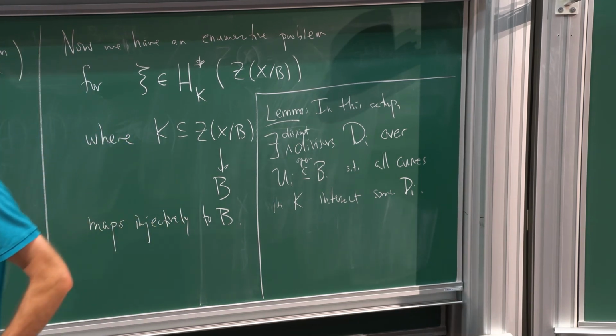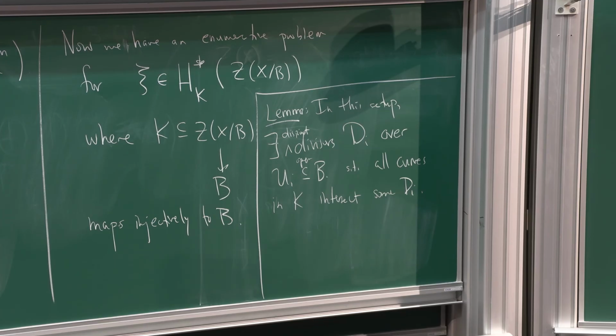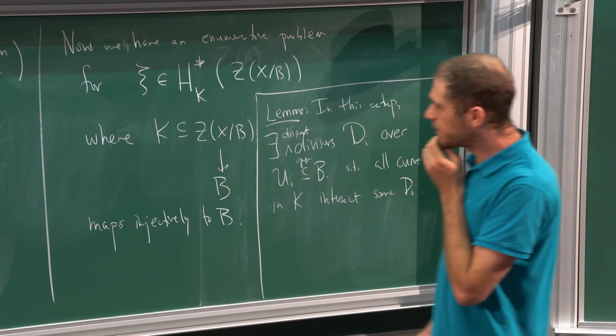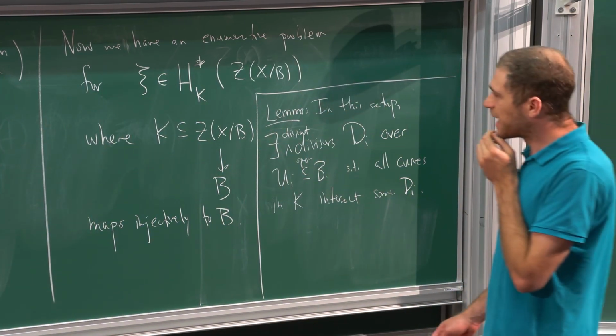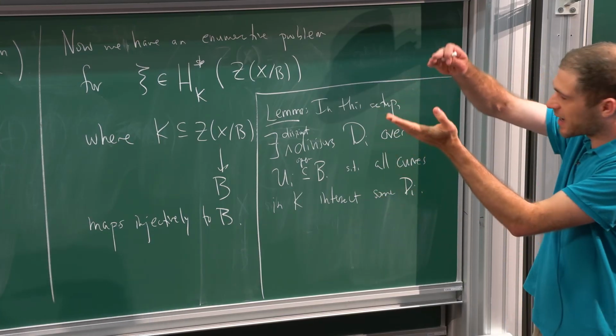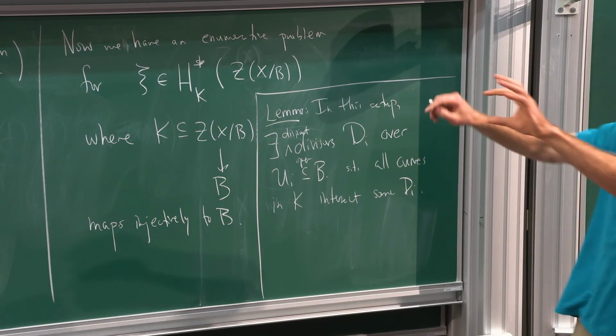It seems to remind me a little bit of when I thought a long time ago about how to define virtual fundamental class. You locally, using these devices, can represent these things as an intersection of two submanifolds, and then to make it work globally, one needs something like this. Again, the di are just local pieces of divisors of the neighborhood. Yes, I've already cut down X to be just a neighborhood of the curve.